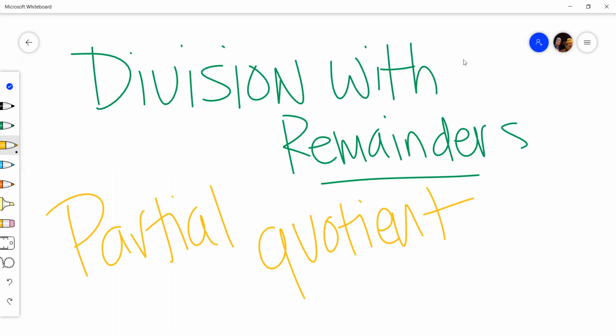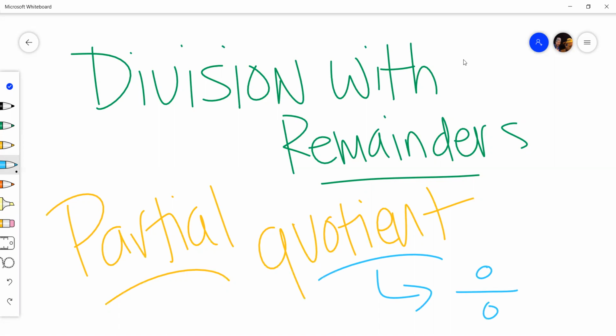Partial quotient really does lend itself to understanding the parts, hence partial, that we fill, and then what happens when we have something left over. Remember, this is the answer to a division problem. So let's dive into that process, as always, just by doing some work and looking at it.